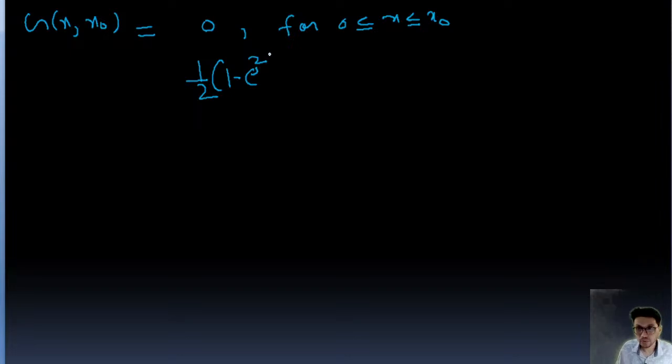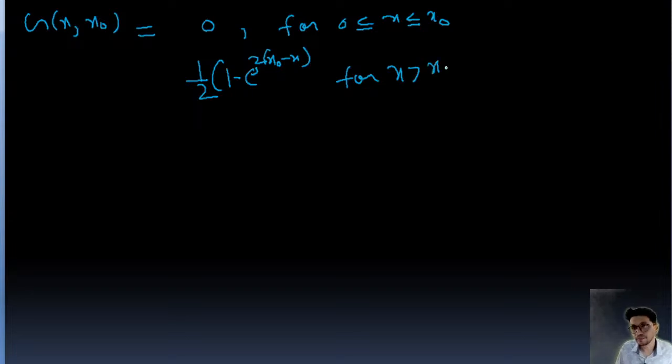That is 0 for x between 0 to x naught, and 1 by 2 into 1 minus e to the power 2 x naught minus x for x greater than or equal to x naught.